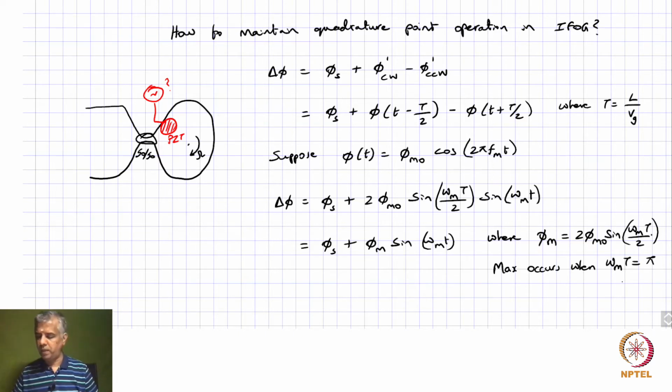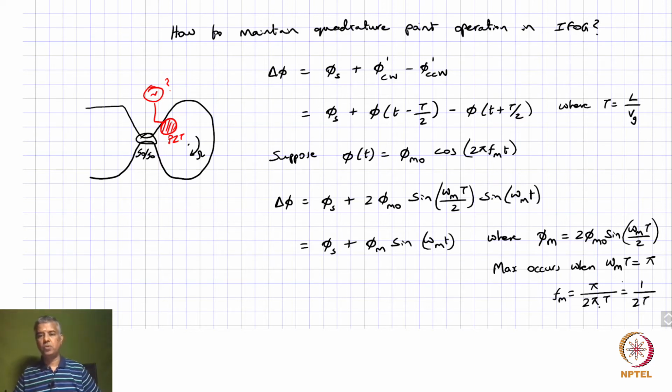So, when omega m t equals pi, it becomes sine of pi by 2, which is equal to 1, or you can just say Fm is given by pi over 2 pi multiplied by t, which is basically 1 over 2t.